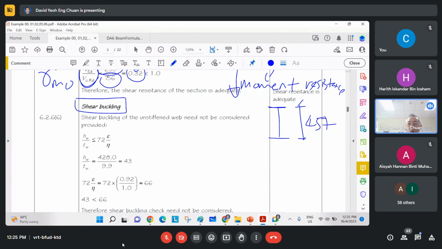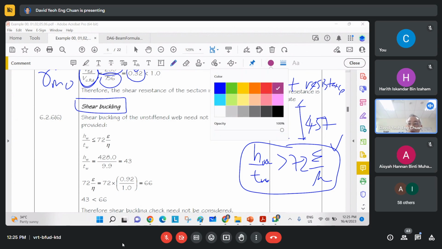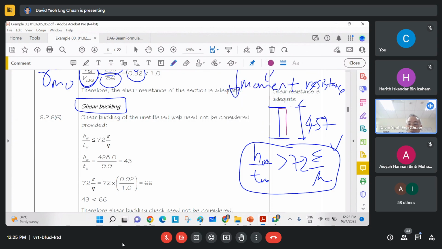If it is too deep, whereby the ratio of h over t of the web is larger than 72 epsilon over eta, then you need to do a design of stiffener, because the web is going to buckle.